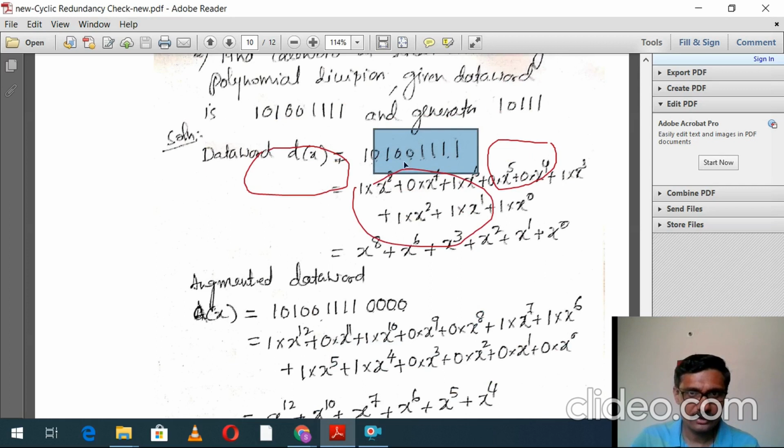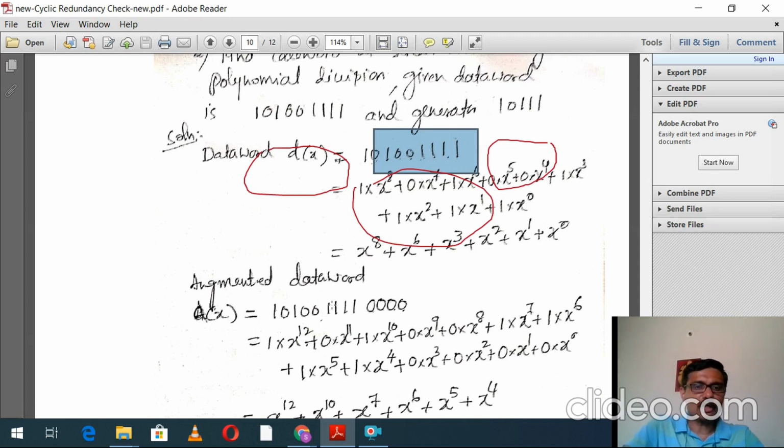You see there are 9 bits, so the highest power will be x power 8. So 1 into x power 8, 0 into x power 7, again 1 into x power 6, 0 into x power 5, 0 into x power 4, plus 1 into x power 3, 1 into x power 2, plus 1 into x power 1, plus 1 into x power 0. So after simplifying, we get this.